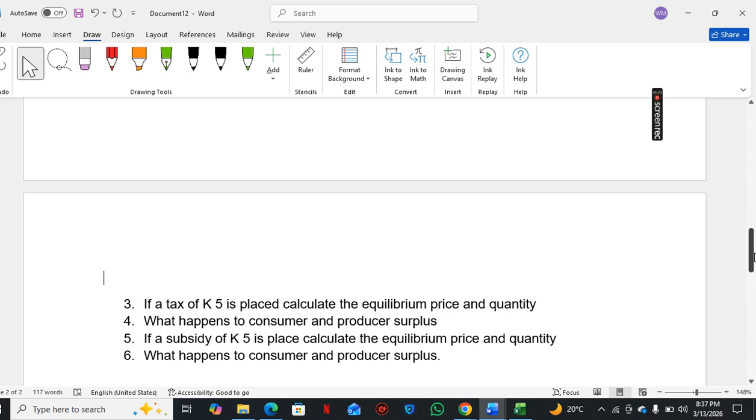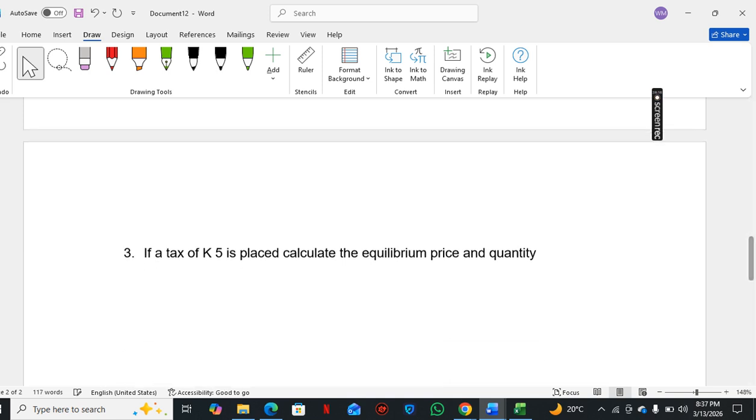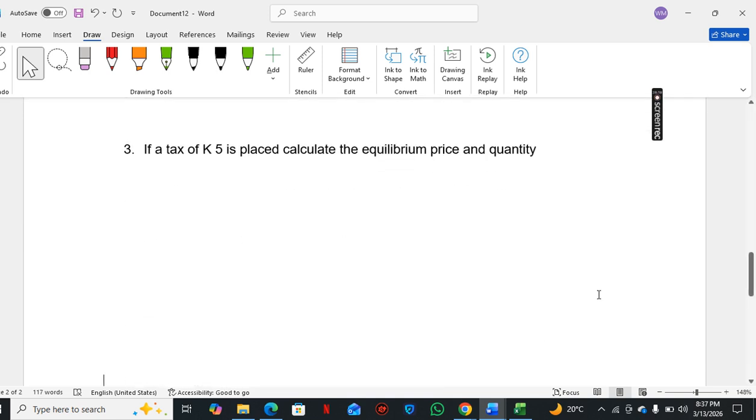But if government places a tax on the producers, we're going to see what happens here. So on part 3, if a tax of 5 kwacha is placed, calculate the equilibrium price and the equilibrium quantity. So this is what you need to do.